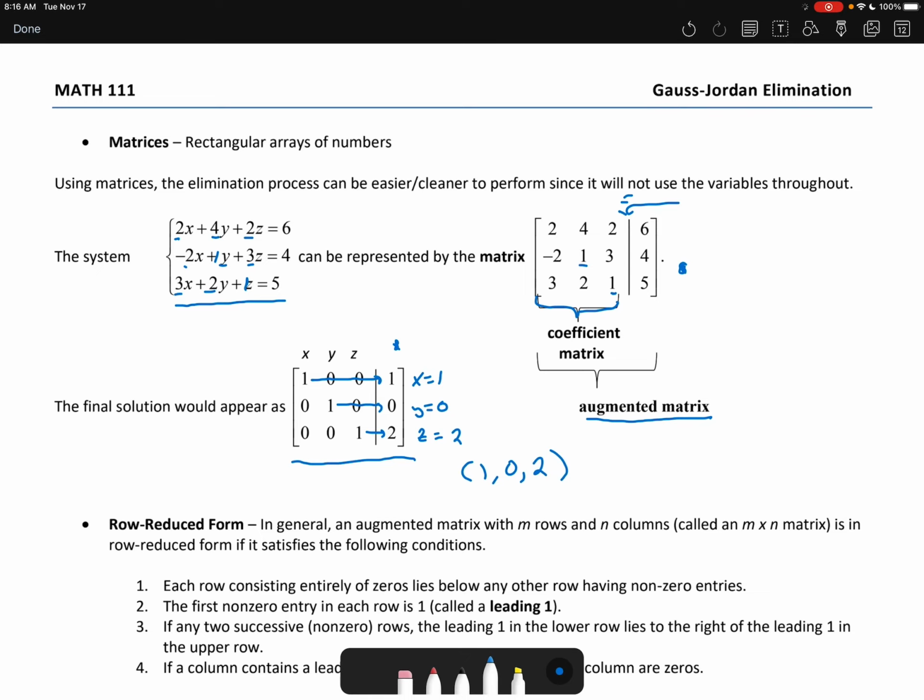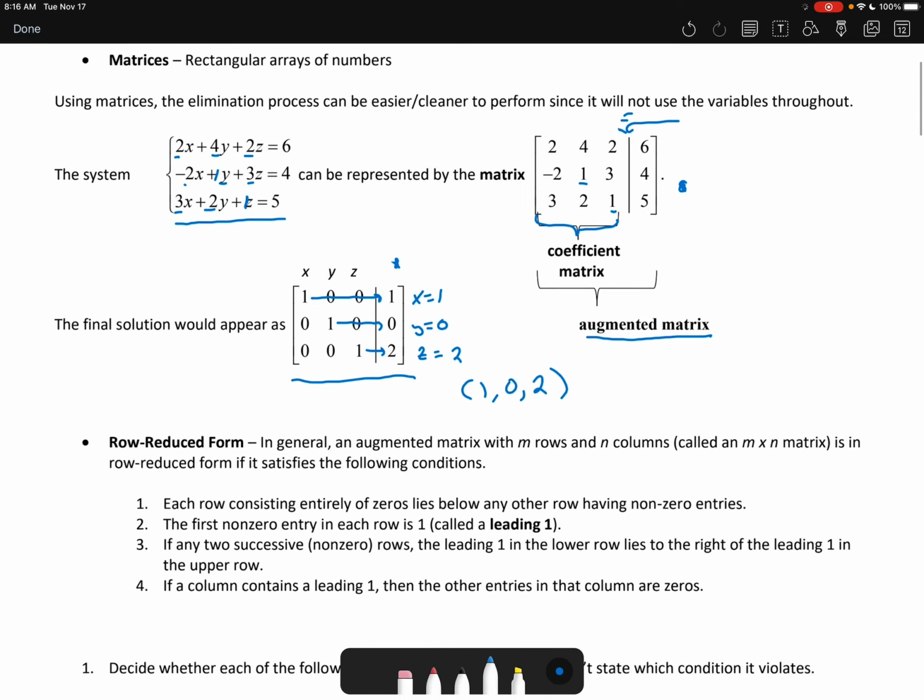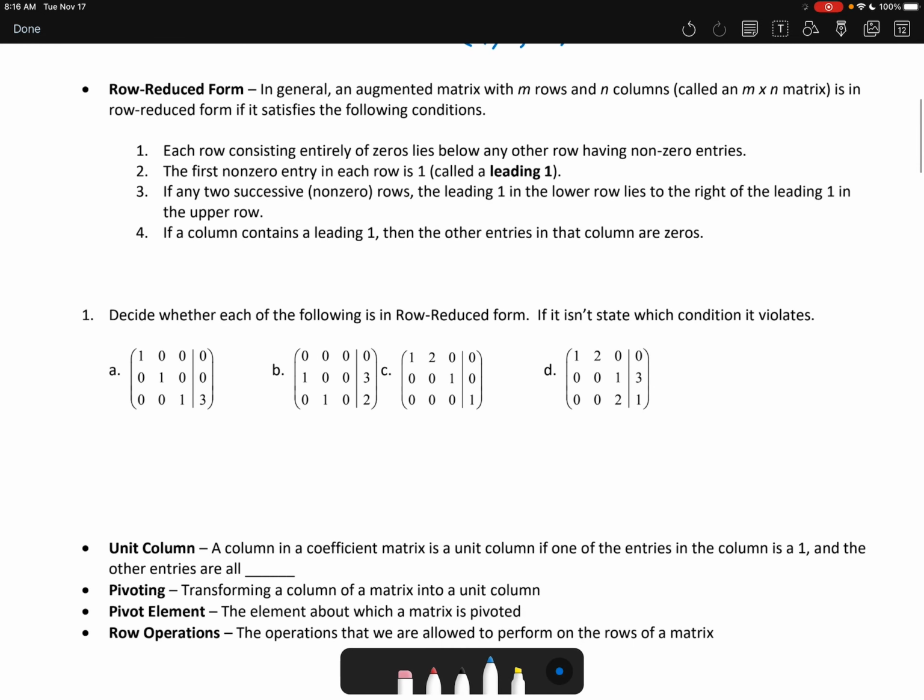But let's go ahead and just talk about some of the features of these matrices. So what we like to get to is what's called row-reduced form. So this is when your augmented matrix with m rows and n columns, called an m by n matrix, is in row-reduced form if it satisfies these conditions.